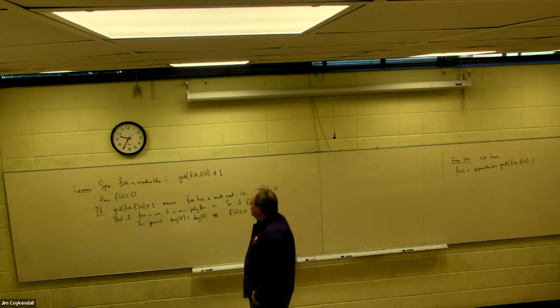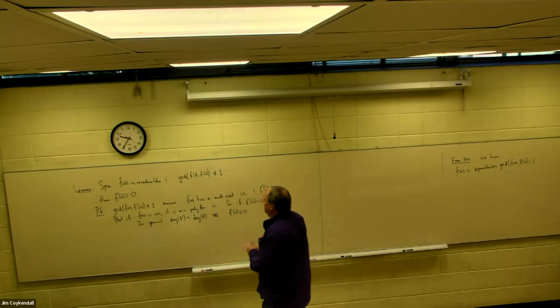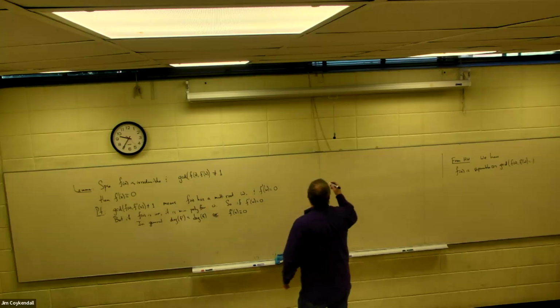Now, if this is an irreducible polynomial, then it has to have degree at least one. All constant polynomials are units, other than zero. So that means, corollary.